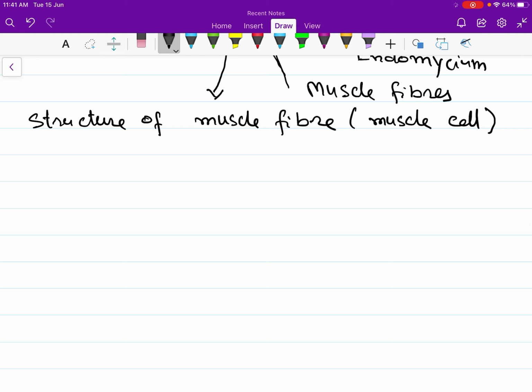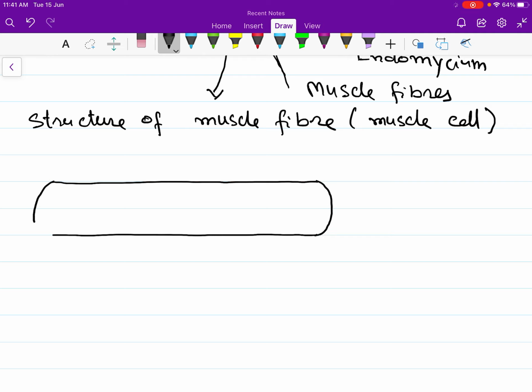An individual skeletal muscle fiber has a cylindrical shape. The cell membrane of the muscle fiber is called sarcolemma. So they will be lined by sarcolemma, which is nothing but the cell membrane of the muscle fiber.